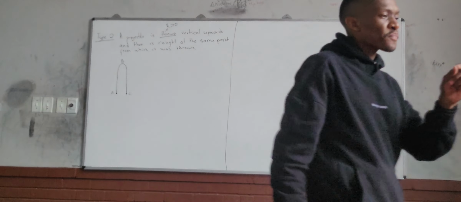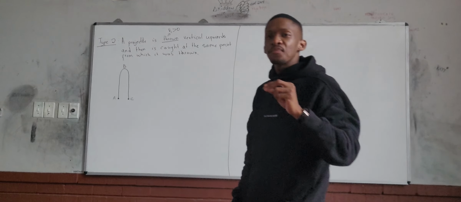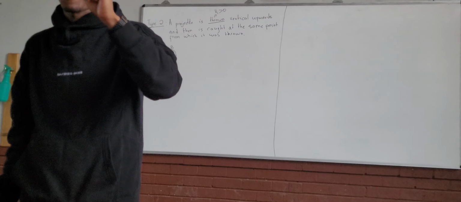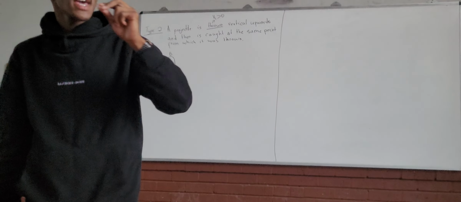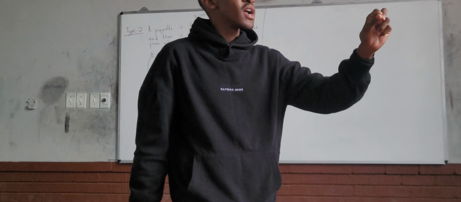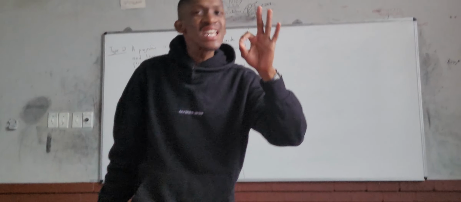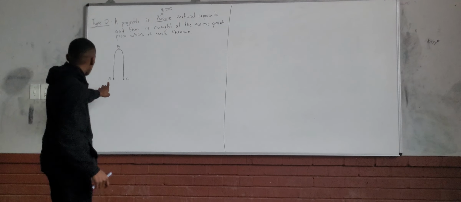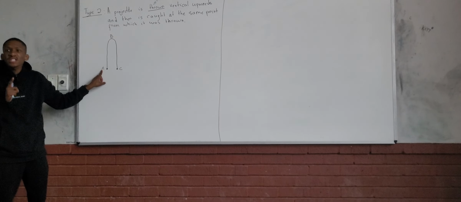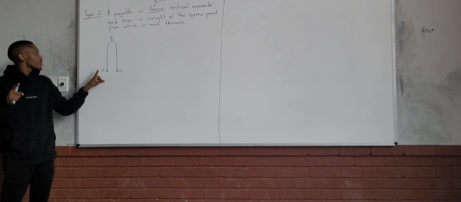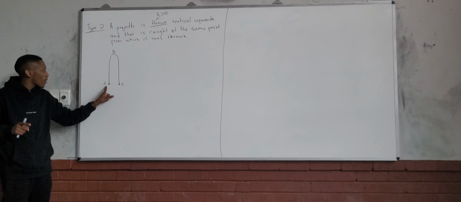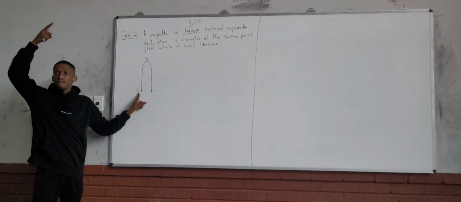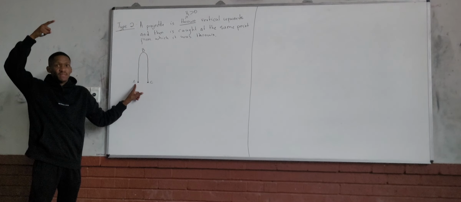It means for an object that was thrown vertically upwards, its trajectory will have 3 points. Point A is the point where our projectile was thrown vertically upwards.